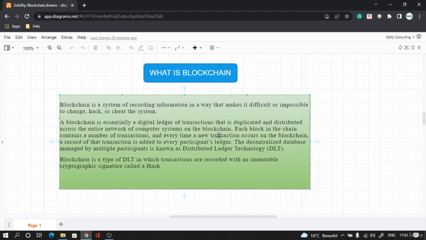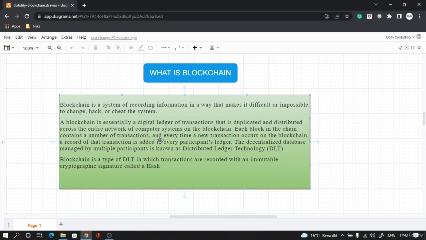Similarly, it works in the blockchain world. The only difference is that here the blockchain is a network of computers, not a network of people. On this network of computers, there is some logic written to validate a particular transaction.